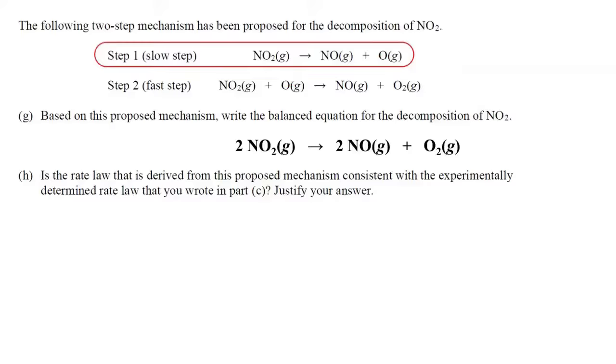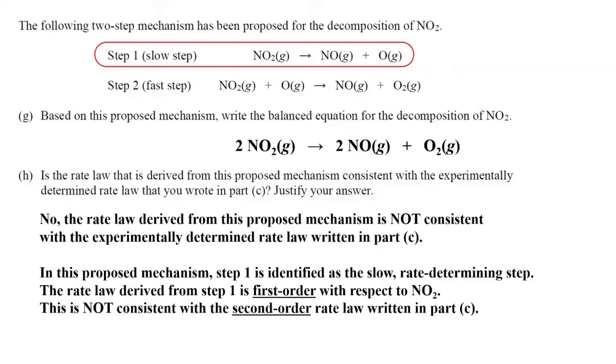And here's a problem. There's only 1 molecule of NO2 as a reactant in this slow rate determining step. So therefore, this is not going to be consistent with the experimentally determined rate law, because if I focus on step 1, there's only 1 molecule of NO2. So the answer is no.